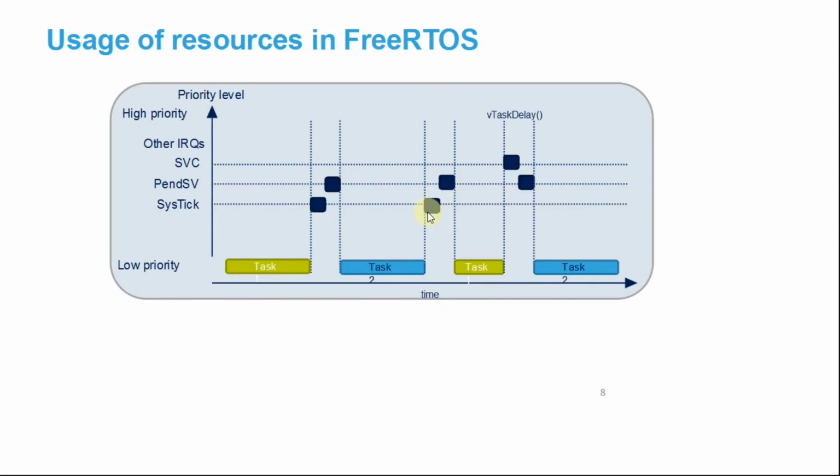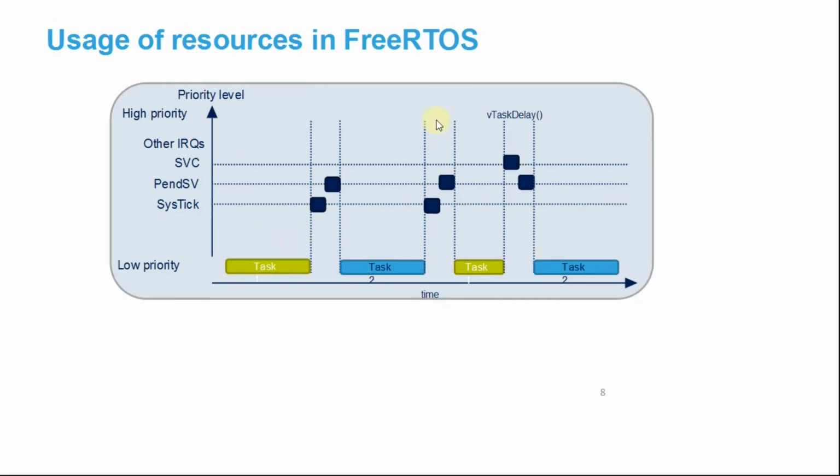Again the SysTick interrupt will come, and then eventually the PendSV interrupt will come. Based on this PendSV, again the scheduler will take task 1 for the execution, because we only have two tasks, task 1 and task 2. The scheduler will switch the tasks from 1 to 2 repeatedly.